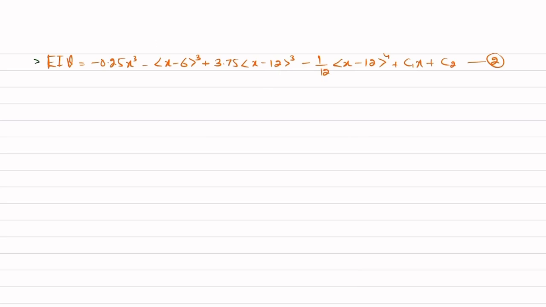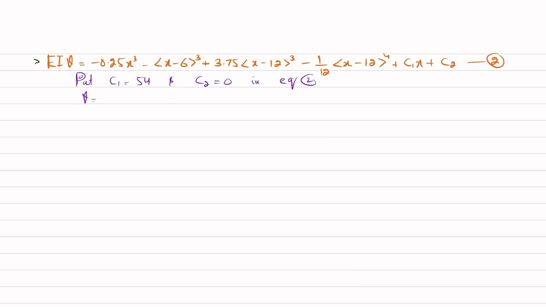So put C1 is equal to 54 and C2 is equal to 0 in equation 2 to get the equation of the elastic curve.